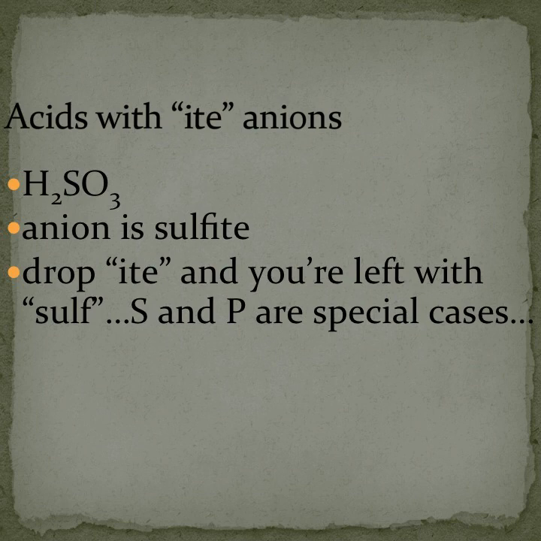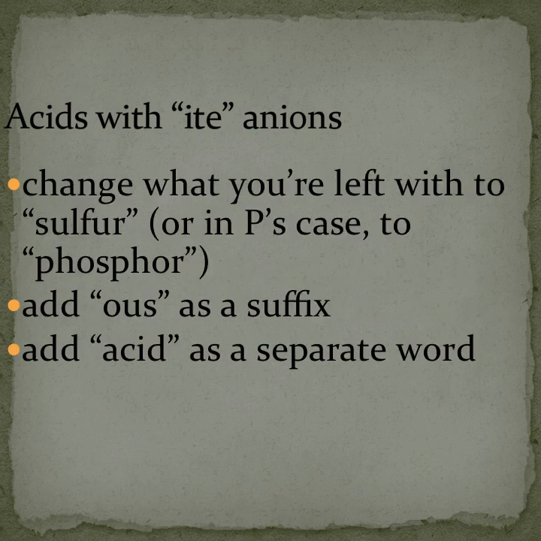And I chose this one as an example because sulfur and phosphorus are weirdos, so I wanted to show you at least one of them. In the case of sulfur and phosphorus, you have to do a little more than just add the suffix. Where you're left with sulf and phosph, you're going to make it sulfur. Sulfur is what it looks like, but it's pronounced sulfur.